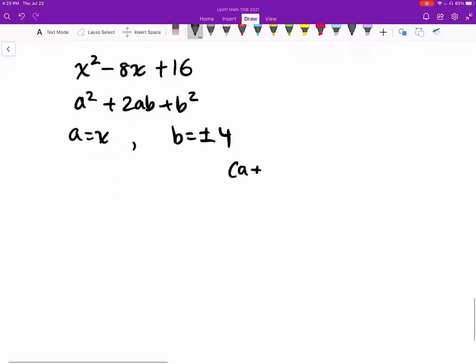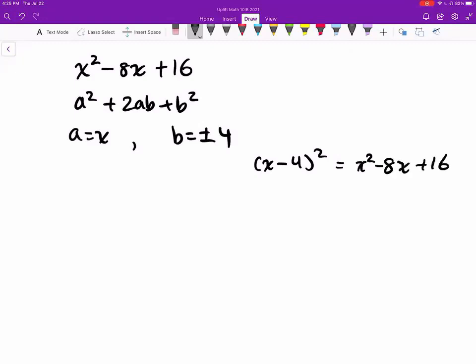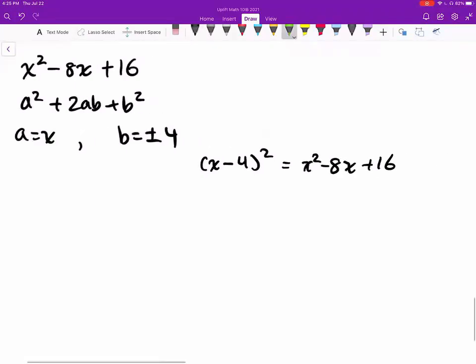Here we can see that it's negative in the middle term, so we can skip the plus 4 and just do x minus 4. We get x squared minus 8x plus 16, and it does match, so that is the factored form.